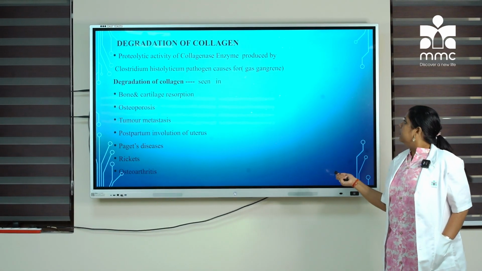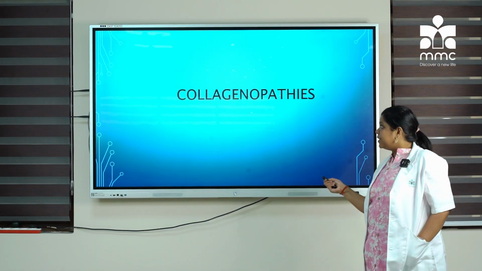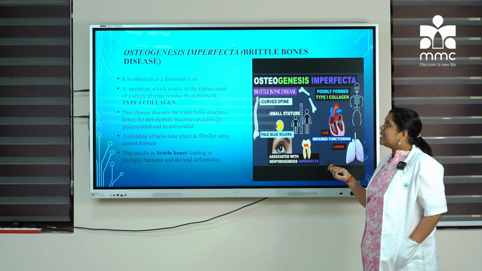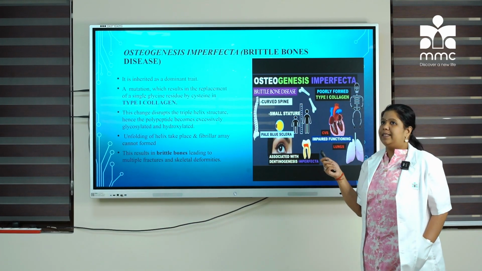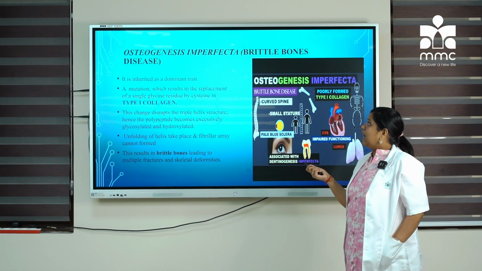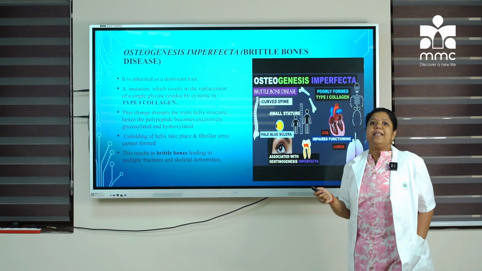Is it okay? Then coming to the collagenopathies. First of all, we are going to discuss the brittle bone disease, the famous brittle bone disease. It is otherwise called osteogenesis imperfecta. What is happening here?